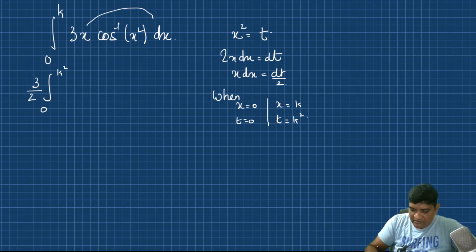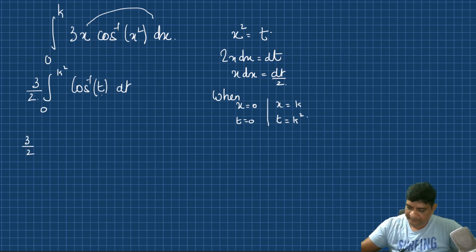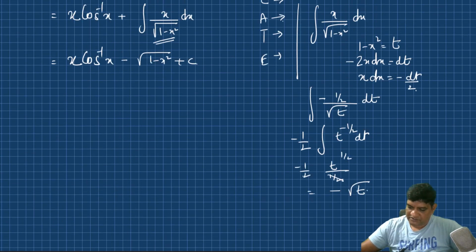So I'm going to take a 2 common out here, and what I'll have is cos inverse of t dt. And I already know the integration of cos inverse of t. I'm going to simply write that here. So that's 3 over 2, and the integration of cos inverse of t is that.